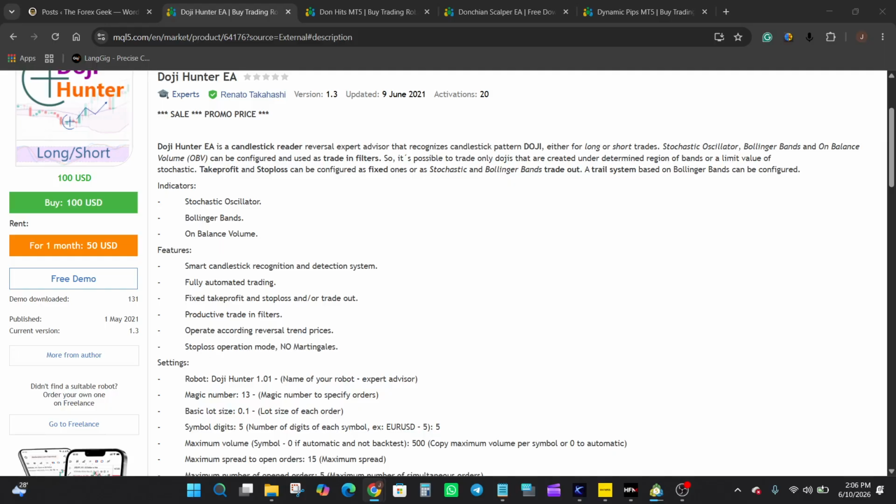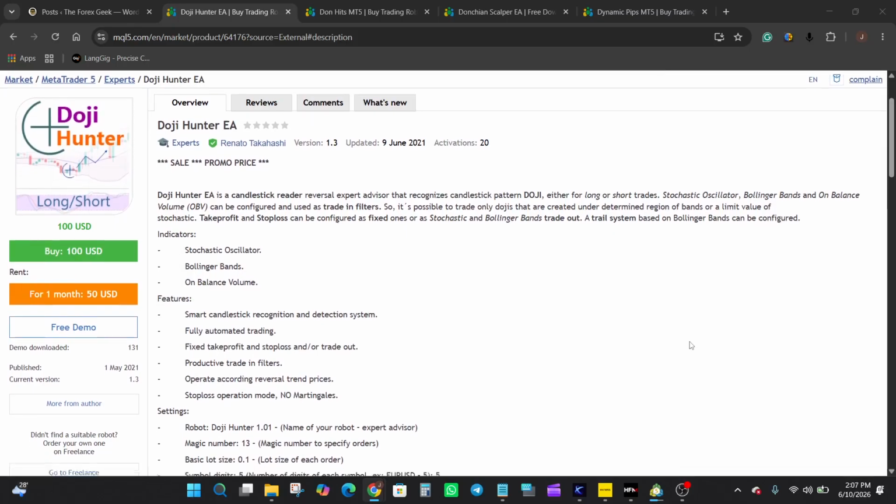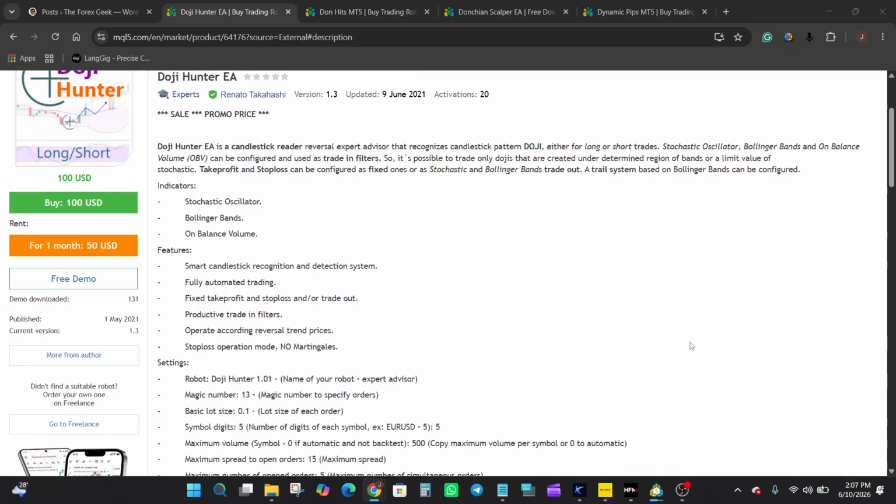Now, what stands out here is that the EA is not just relying on candlestick recognition alone. Instead, it allows filtering conditions such as trading dojis only when price is within certain Bollinger Band regions or when stochastic levels meet specific thresholds. This adds a layer of confirmation before trades are executed.